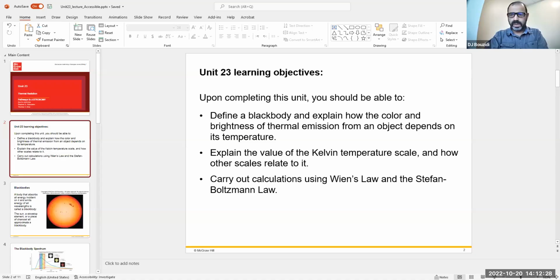So let me share the screen with you on units 23 and 24. Again, last time when we talked about light, we gave all kinds of properties of light, namely light is a wave, and waves have wavelength, and light does have a wavelength.